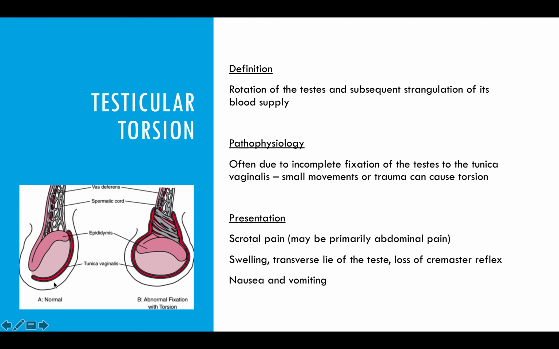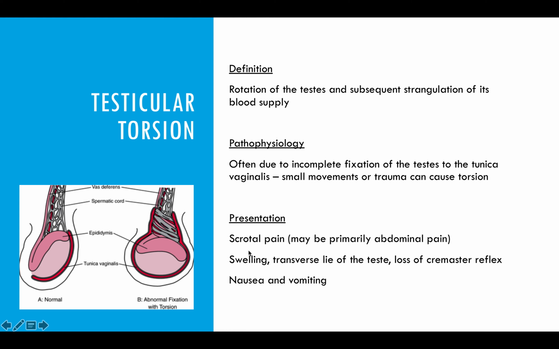Now, sometimes they're not tethered properly, and so the testicle can twist on itself around the spermatic cord. It can just be from small movements or trauma, it doesn't necessarily need to be anything big. But because this is now twisted up on itself, it compresses the blood supply to the testes, and so they then obviously become ischemic and causes pain.